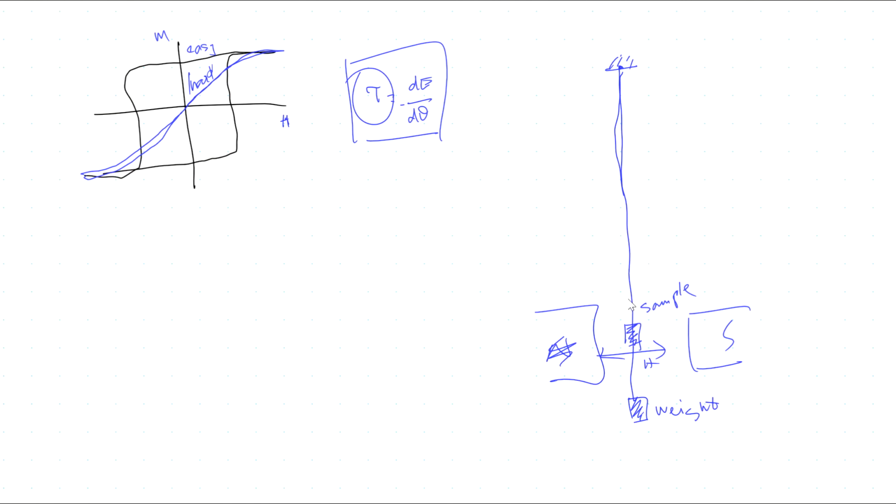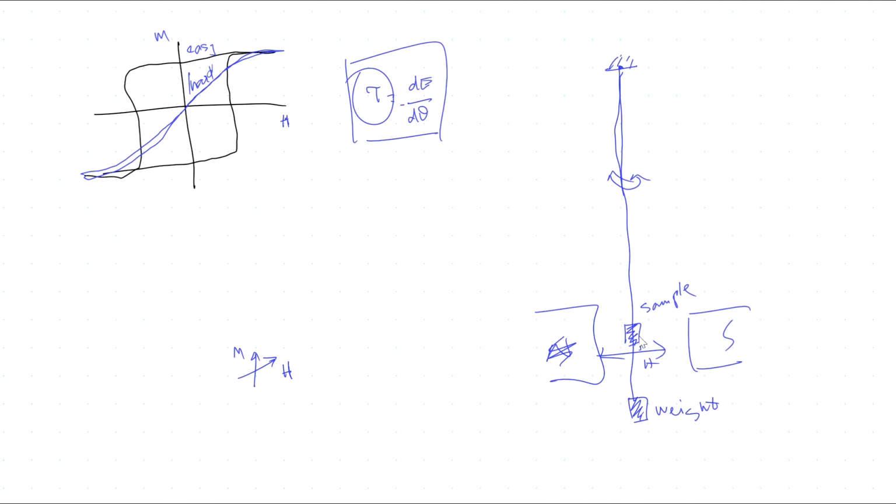There is a certain tension in the string, and when you apply magnetic field, if your easy direction is not aligned along the magnetic field, you would be applying certain torque, because if you look at the top view of that, your magnetic moment wants to be this way, but you apply magnetic field that way. So you apply torque to that. So this sample would want to rotate.